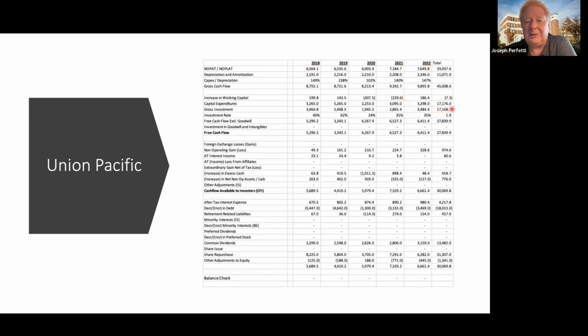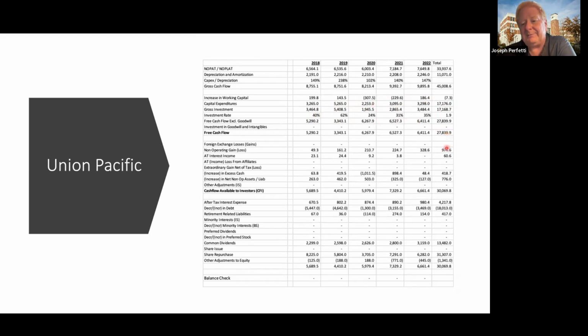Now, when we look at their gross investment, almost all of it is in capital expenditures, right? Not a lot of change in working capital, right? But they're spending anywhere from $2 to $5 billion a year every year in capital expenditures, much higher than their depreciation rates. Okay? Now, that's what led to the $27.8 billion worth of free cash flow.